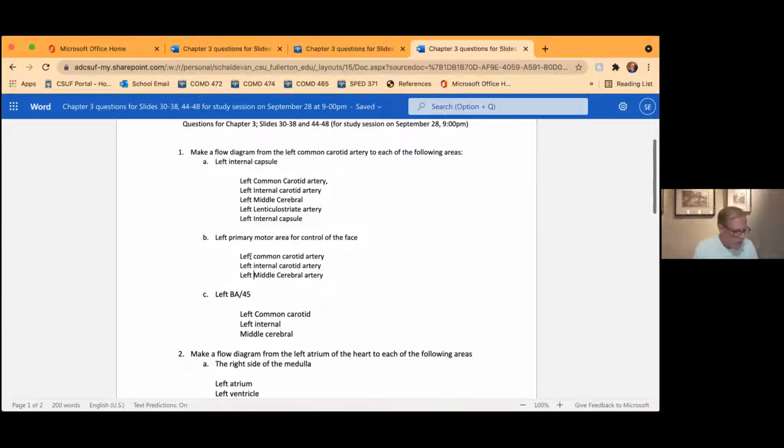But the question didn't ask anything about signs and symptoms. If you're talking about signs and symptoms, then you have to think about that. But this just asks you to get that blood to the left primary motor area for control of the face. So it's the left side of the brain, and that's what you've done. You've gotten into a certain area on the left side of the brain.